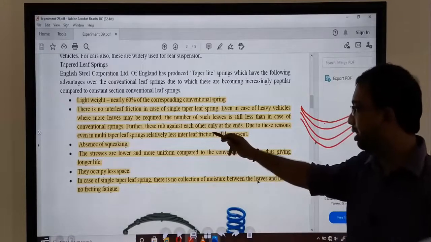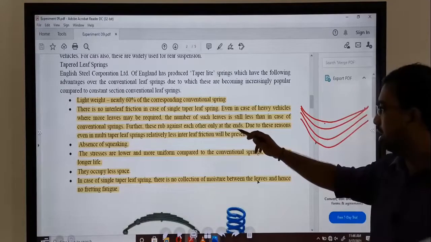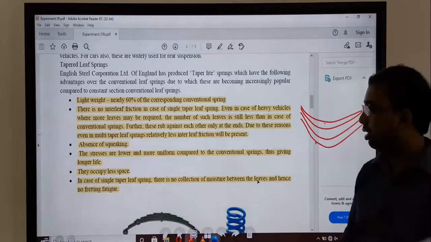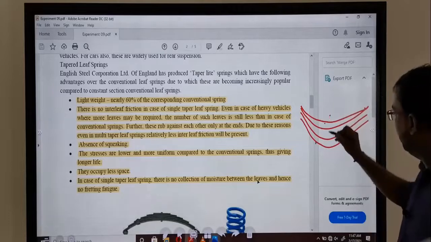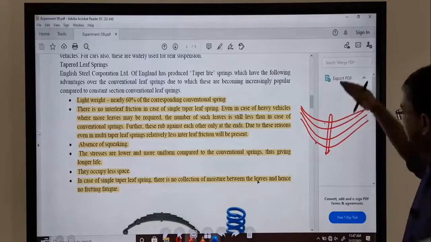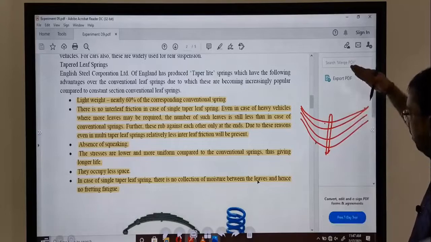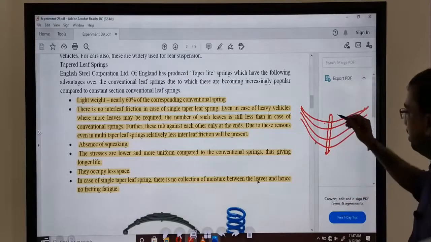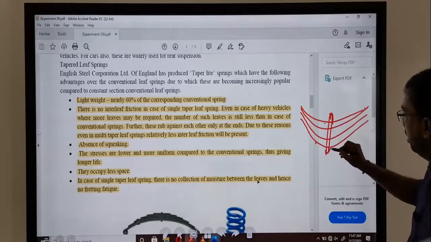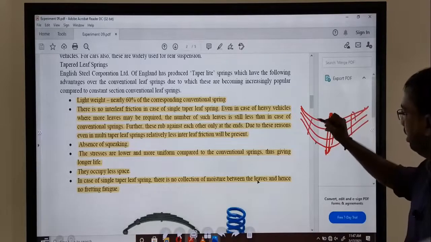Further, these rub against each other only at the ends. That means normally it is bolted in the center, tapered and compressed, held by a bolt, and there are some clips covering it.